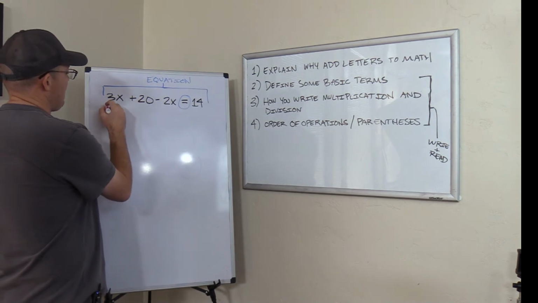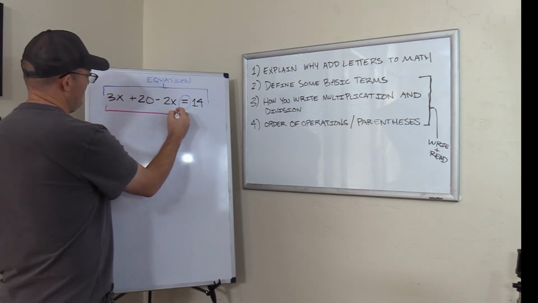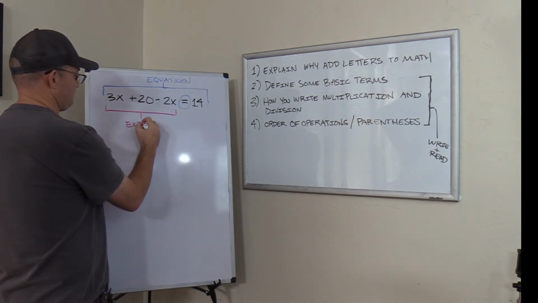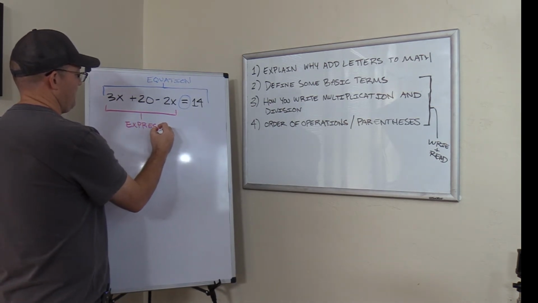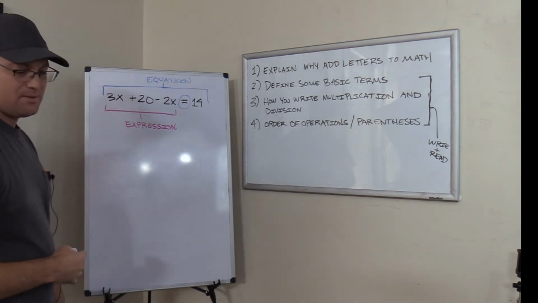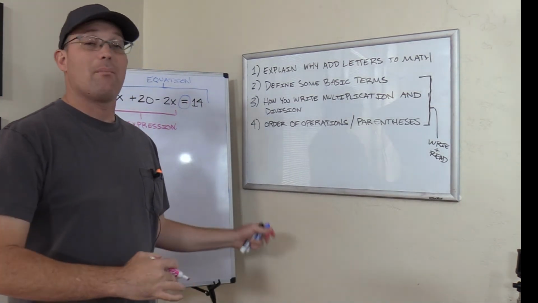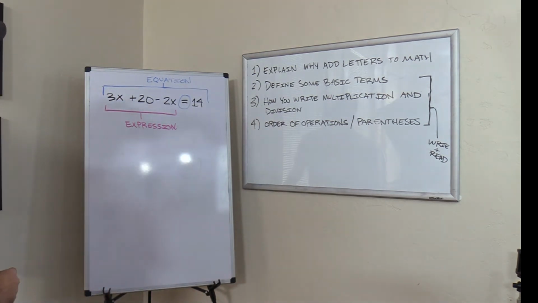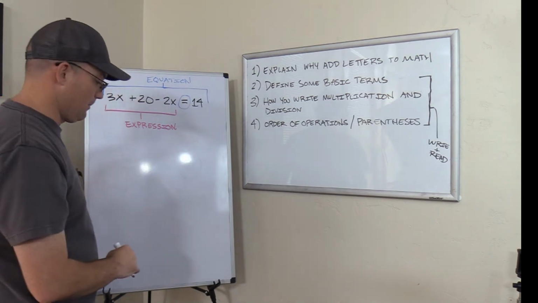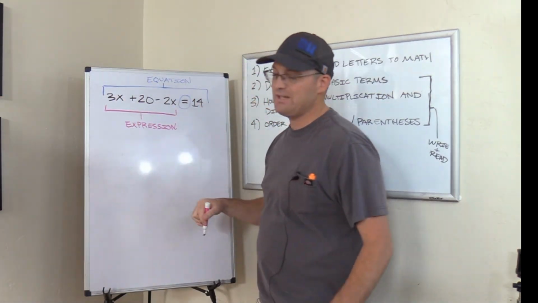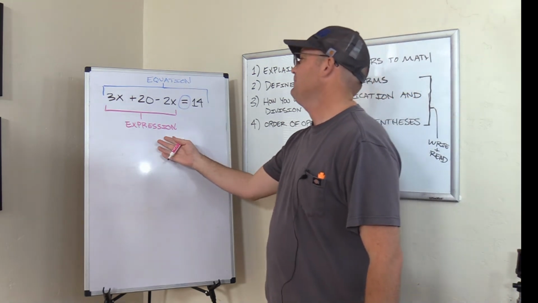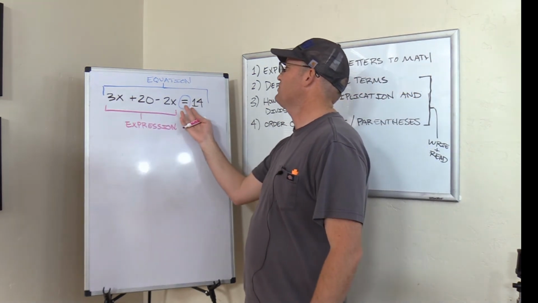Okay, so if you just have a group of stuff without an equal sign in algebra, that's called an expression. But almost all the time in algebra we have an equal sign because the equal sign is kind of what makes algebra work. But in some cases, you know, if you crack open a traditional math book, you'll see a problem that says something like solve the expression. Okay, that's just all this stuff without the equal sign.